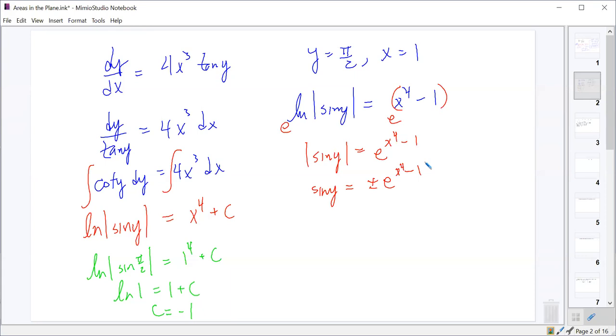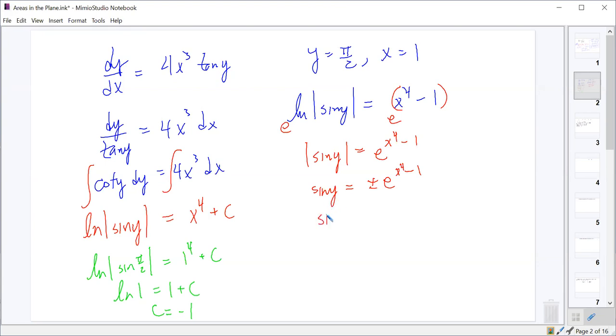And based on the value x equals 1 and the value y equals pi over 2, which one do I want, positive or the negative? Positive. Yeah, we want the positive one, right? Because if I had negative over here, that would mean that the sine of pi over 2 would have to be -1.